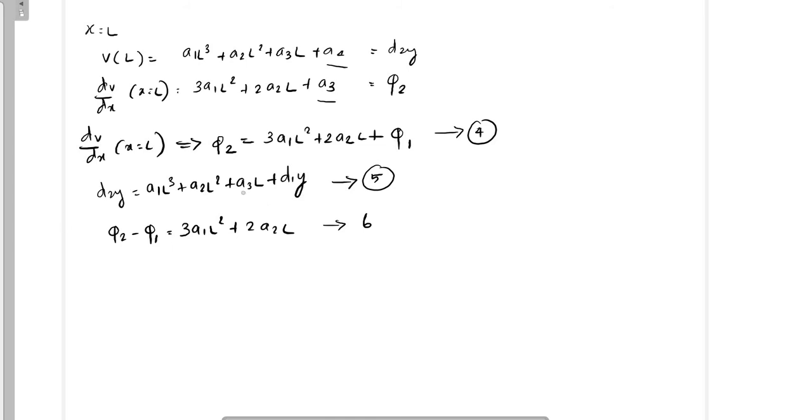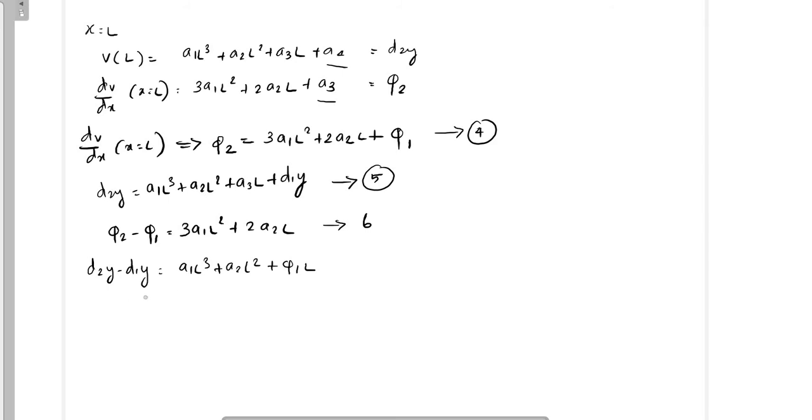So we have the value of a3 here. So d2y minus d1y, which is a1 L cube plus a2 L square plus pi 1 L.